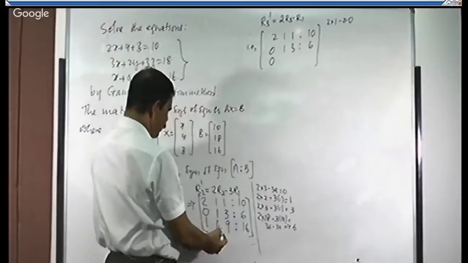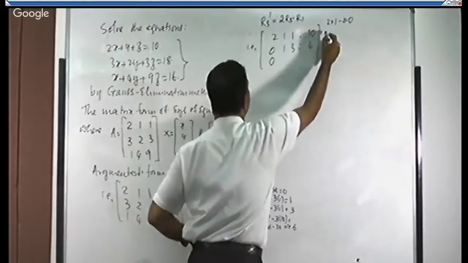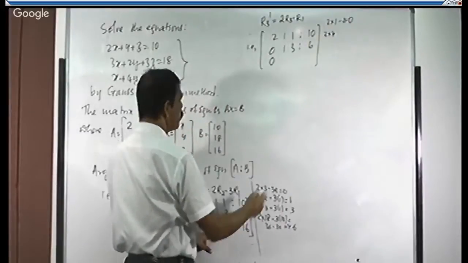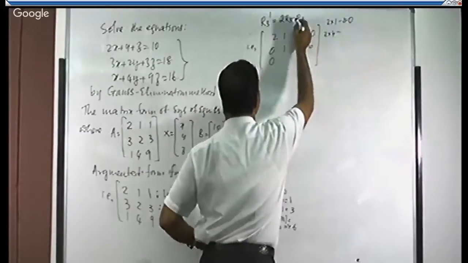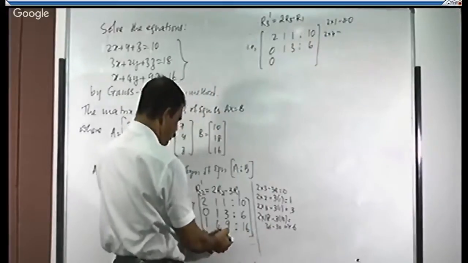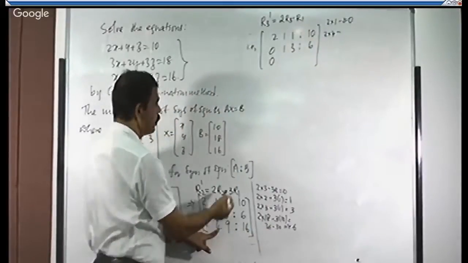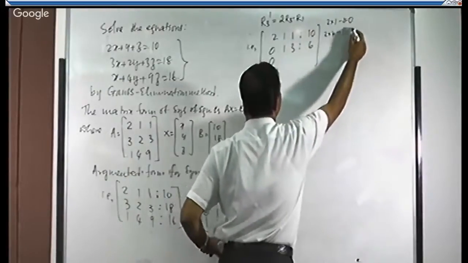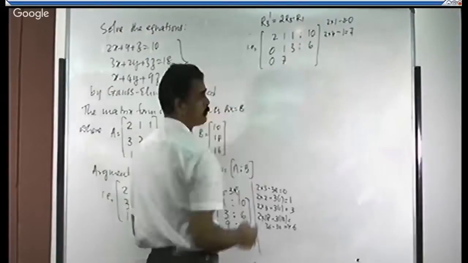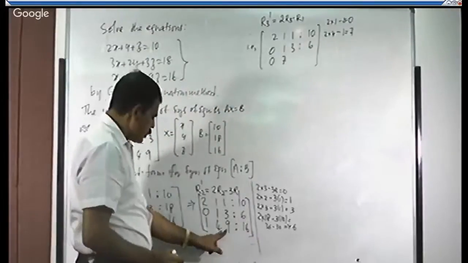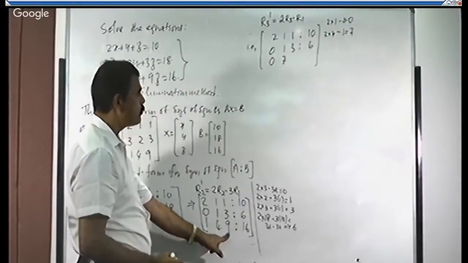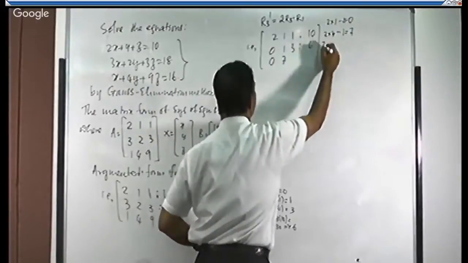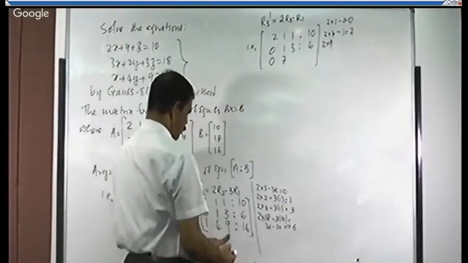Then 2 times R3. R3 is what? It is 4. 4 minus R1 corresponding to this element. What is R1? R1 is 1. Put minus 1. 4 into 2, 8. 8 minus 1 is 7. Then apply it for this element. 2 into R3 is what? 9.